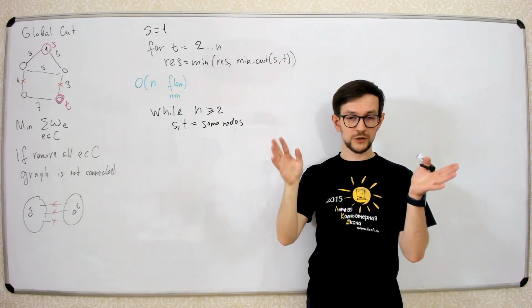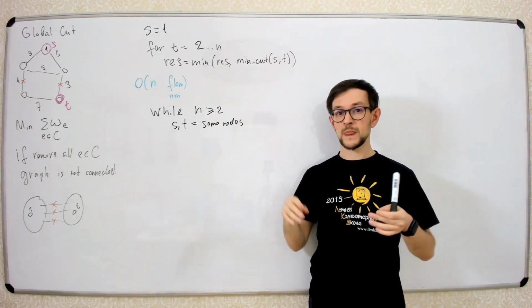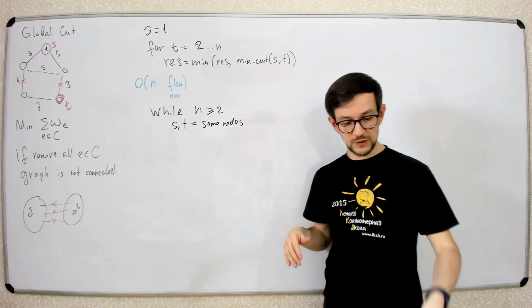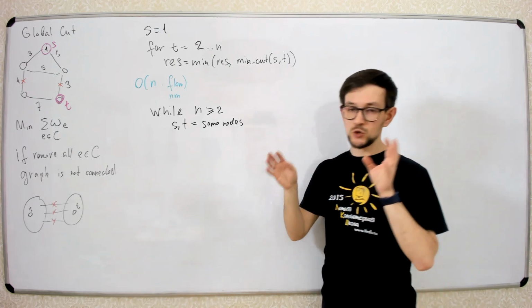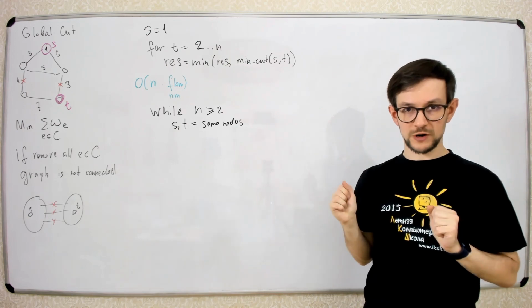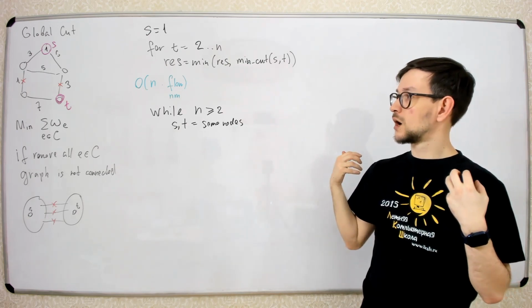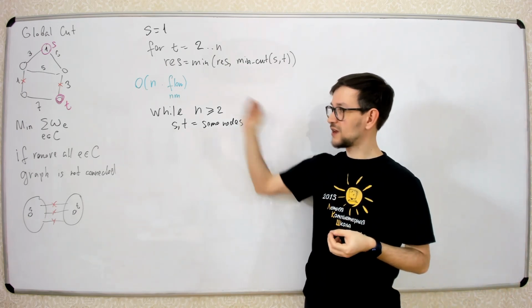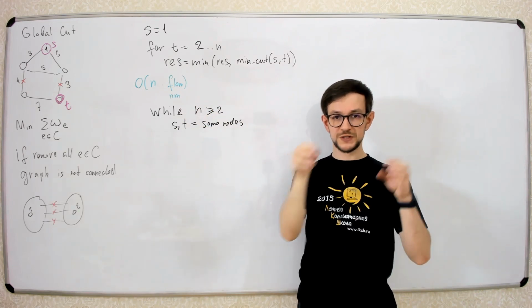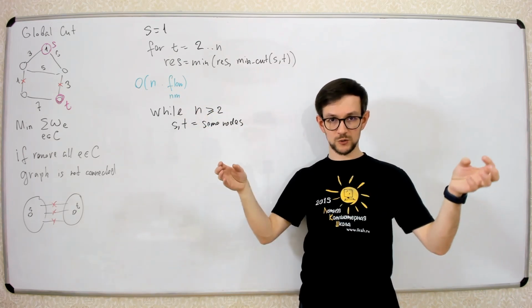Let's pick 2 different nodes, just randomly. You have 2 nodes of your graph. In the final cut, they belong either to the same connected component or to different connected components.